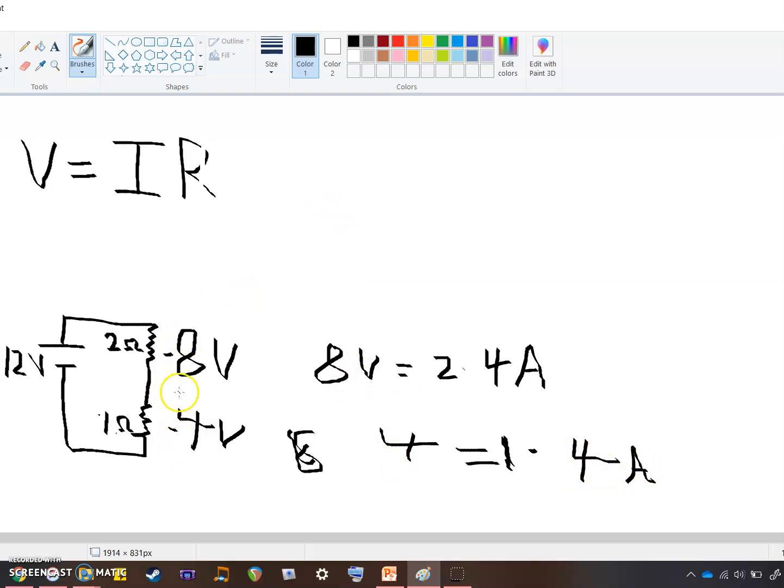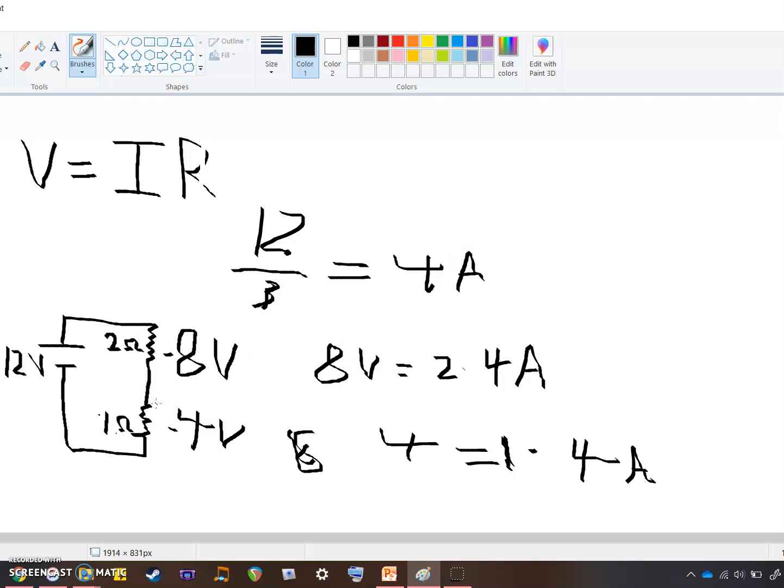If we add up the total resistors, we get 3 ohms of total resistance. So 12 divided by 3 gives us 4 amps.